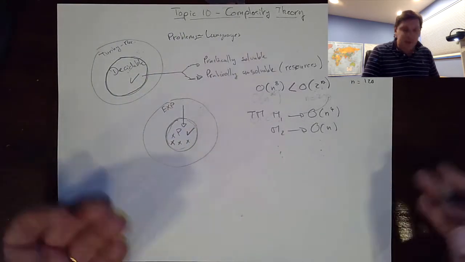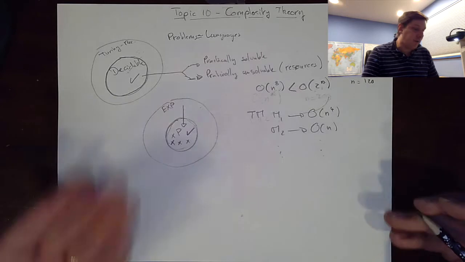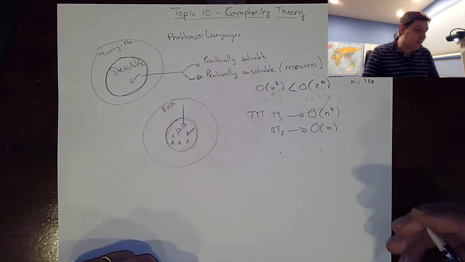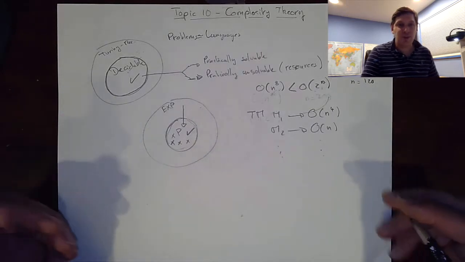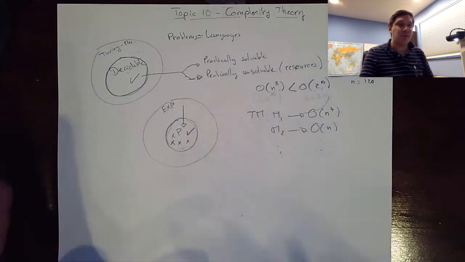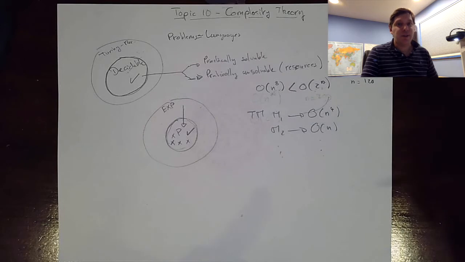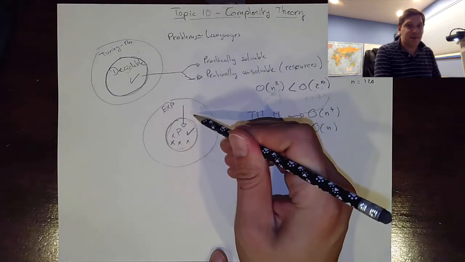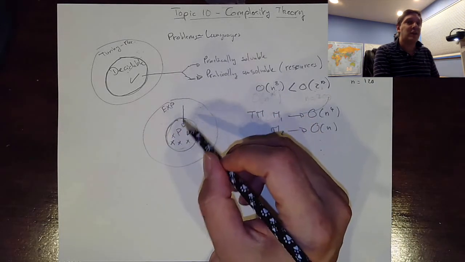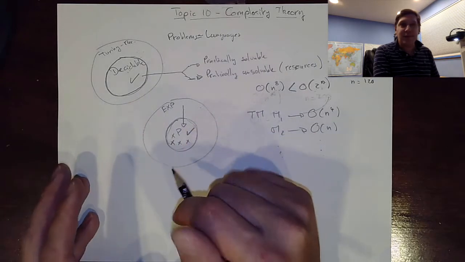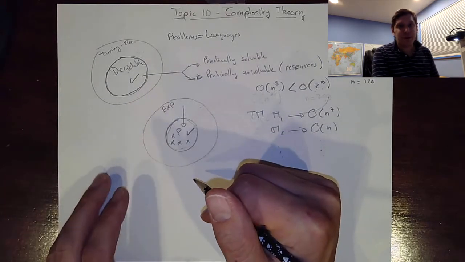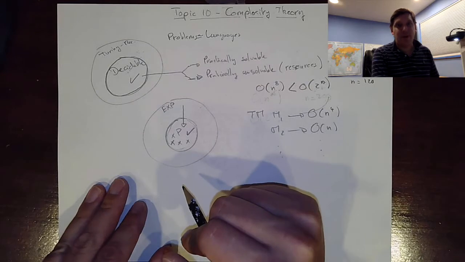Okay, so that leads us to the notion of NP and NP completeness, which are a very convenient way of trying to classify problems without having actually proved that there are problems outside of here. We can kind of use this notion to say, well, if there are problems outside of here, these are going to be the problems that are outside.